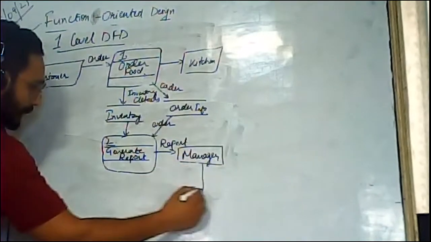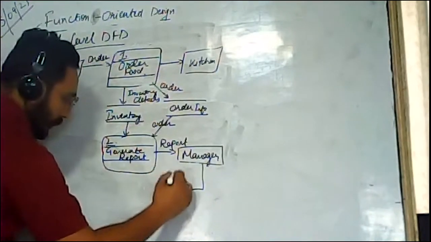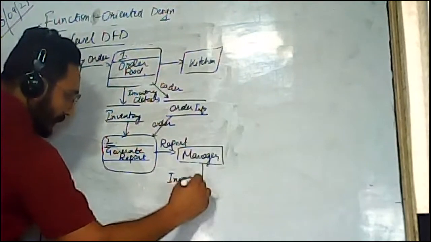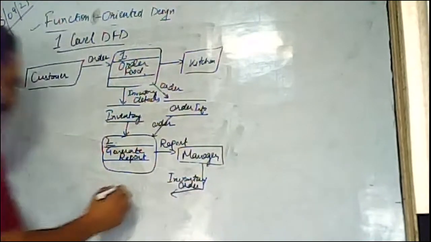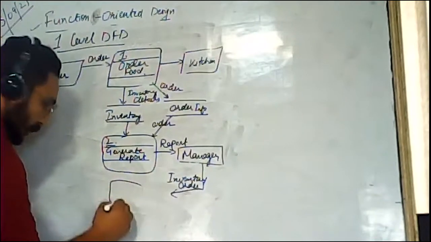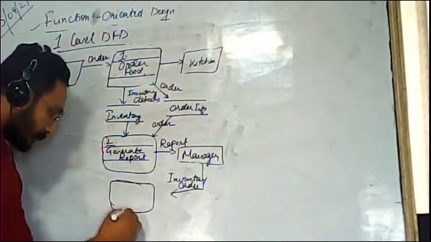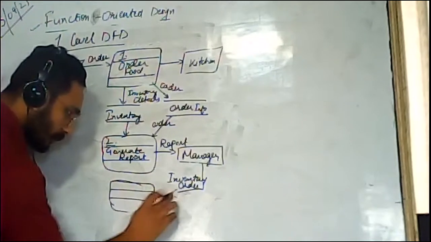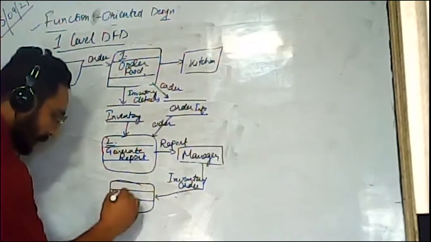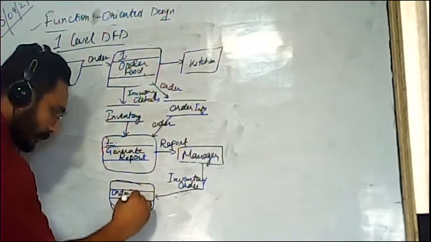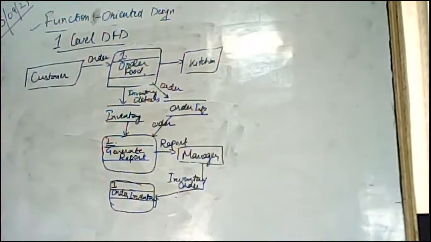Then after that, the manager will process it, that is the inventory order, and it will go to your next process. This is your order inventory. This is your third process.